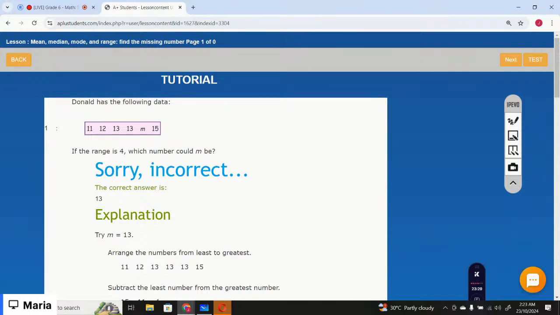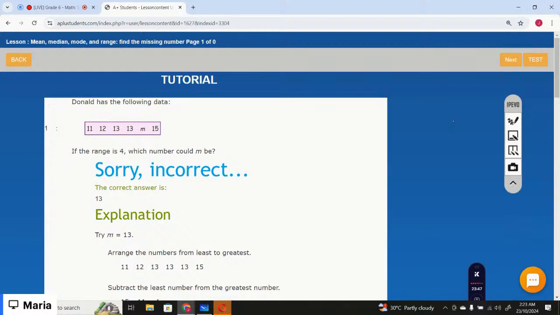Donald has the following data. If the range is 4, what number could M be? You are given the data: 11, 12, 13, 13, M and 15. If the range is 4, what would be the M, right?